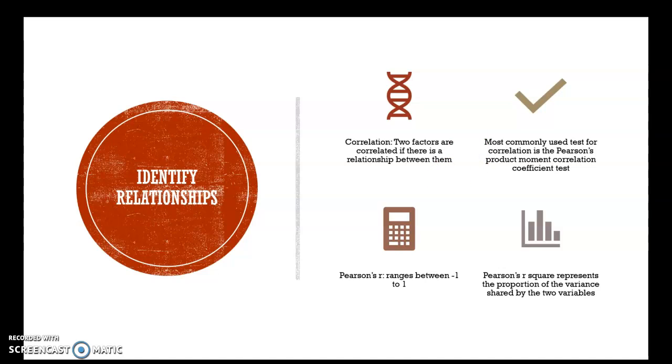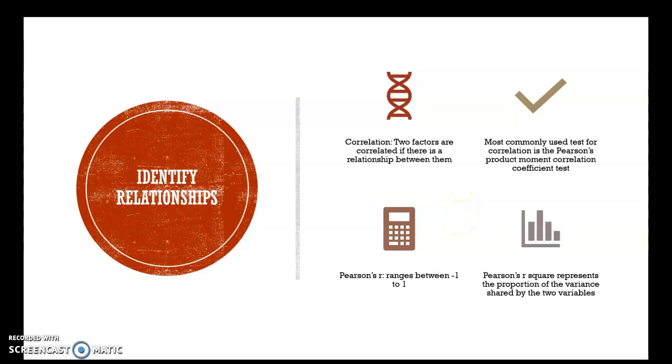Basically, if the two variables are related closely to each other, if variable x is growing while variable y is growing, so in the same direction, then the result of Pearson R will be 1.